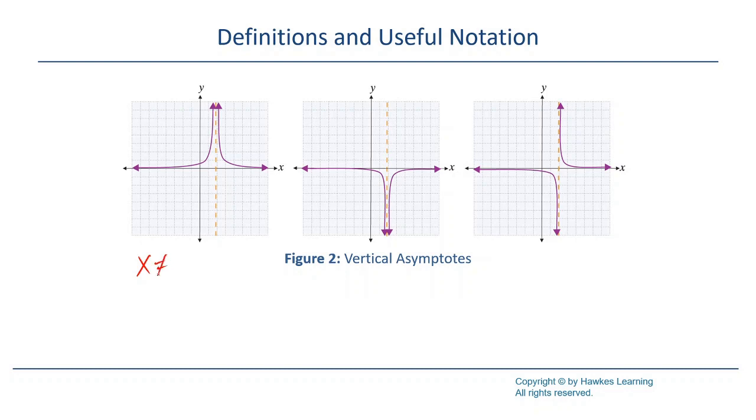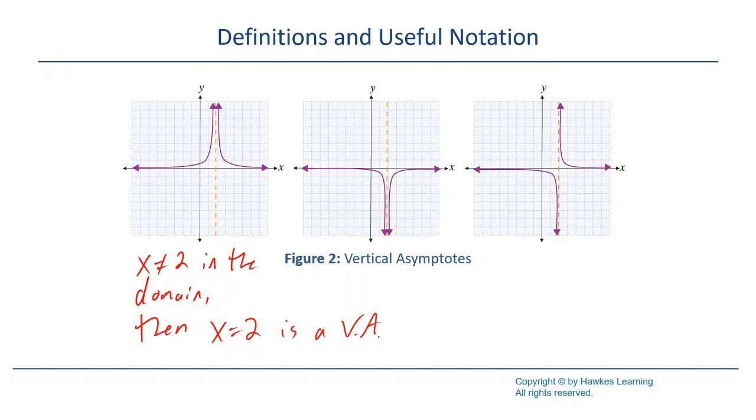So if x cannot be equal to 2 in the domain, then x equals 2 is a vertical asymptote. Simply put, we write VA for vertical asymptote, SA for slant asymptote, or OA for oblique asymptote, and HA for horizontal asymptote. That's the easiest way to write these.